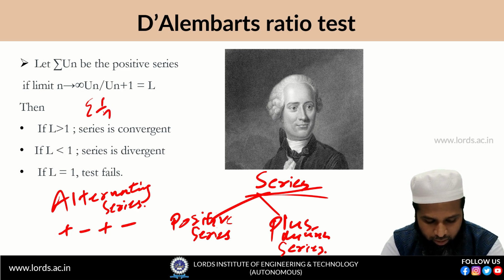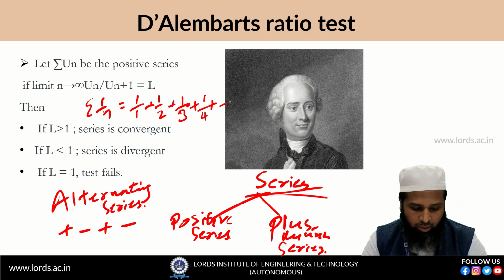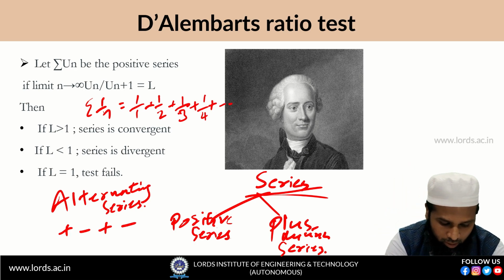We can write it in expanded form as 1 plus 1 by 2 plus 1 by 3 plus 1 by 4 and so on. This is a positive series. Why is this positive? Because all the terms are positive. That's why it is called a positive series.